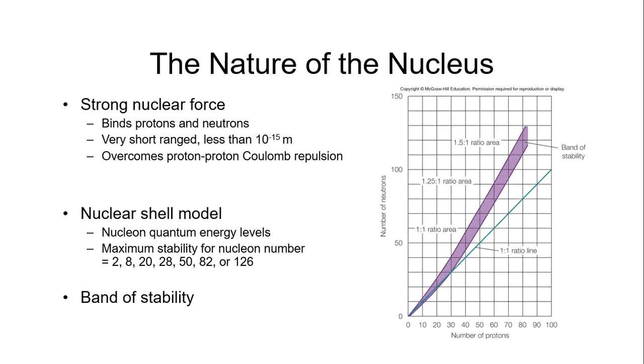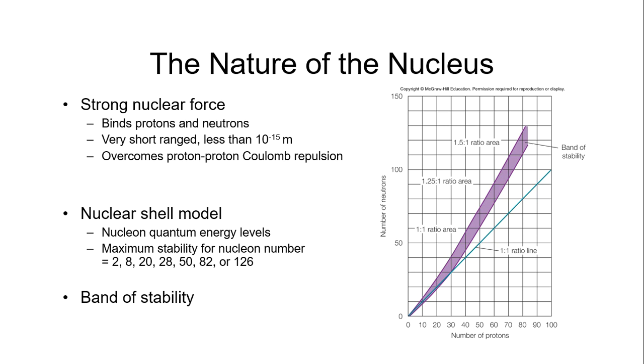Here is a chart showing that relationship. In this chart, the y-axis is the number of neutrons, the x-axis is the number of protons, and you see a blue diagonal line. That's the 1-to-1 ratio, meaning along that line you have the same number of protons as you have neutrons. Anything above that line you have more neutrons, anything below that line you have more protons.